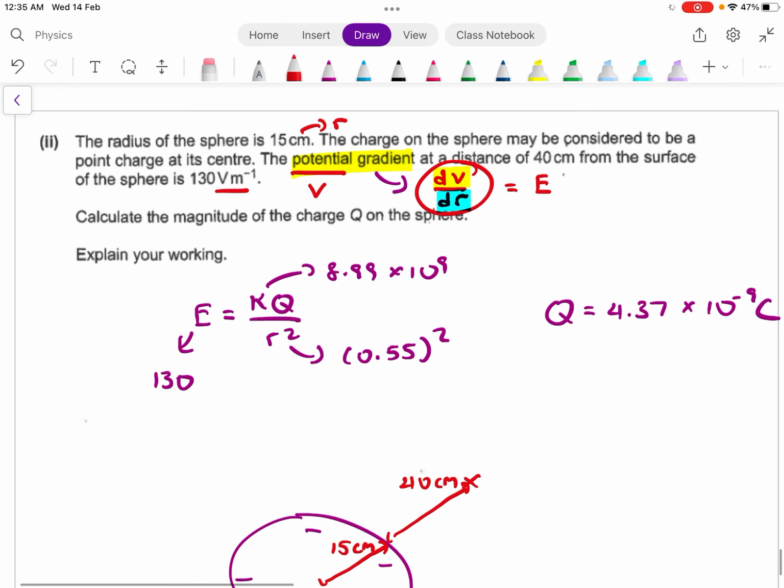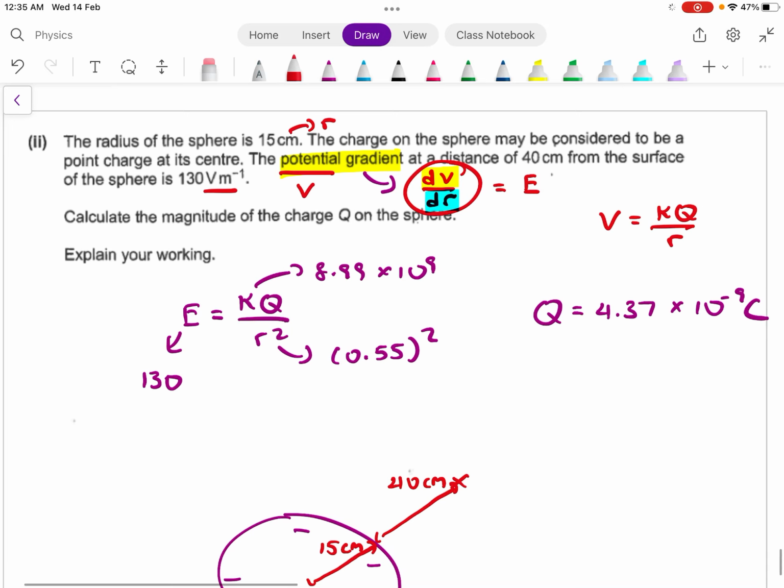Another way you can see that is to look at the unit by itself. So 130 volt per meter. We know that volt is equal to kQ over R, the electric potential formula. Divide by meter means divide by R. So kQ over R divided by R is as good as saying kQ over R square.